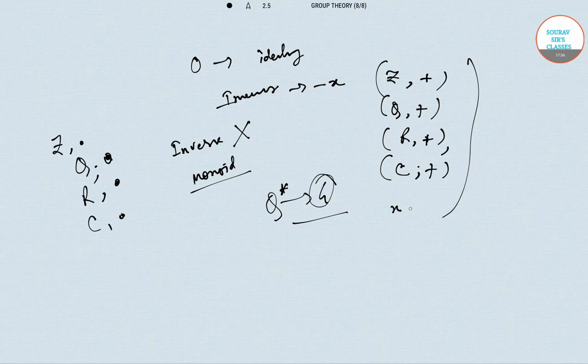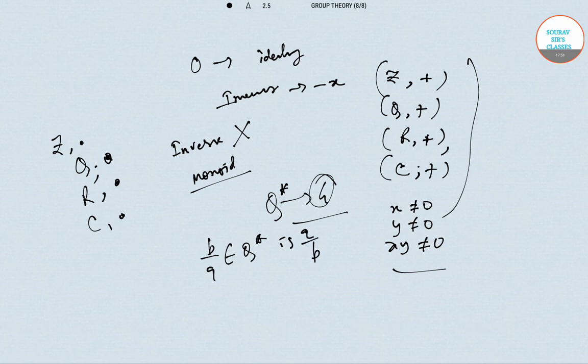So if x not equal to 0 and y not equal to 0, then xy is also not equal to 0. And 1 is the multiplicative identity, and the inverse for every element p belonging to Q star is 1 by p. Hence Q star dot is a group. Moreover, it is an infinite abelian group. Similarly R star dot and C star dot are all infinite abelian groups, in the groups where 0 is not considered as an element. Okay.